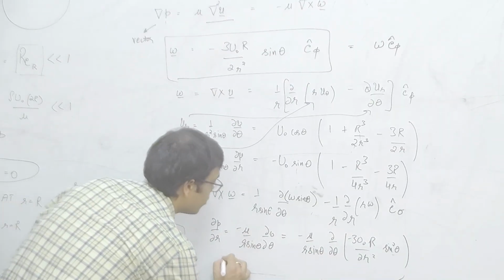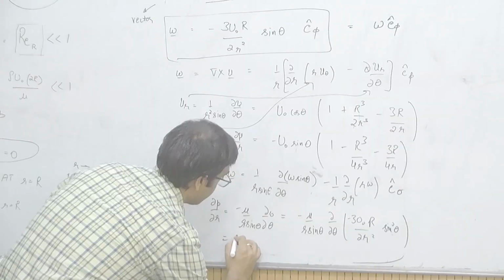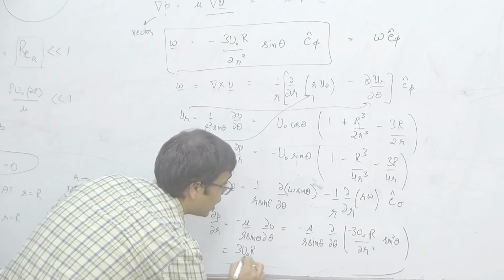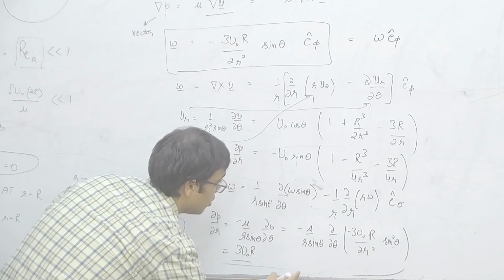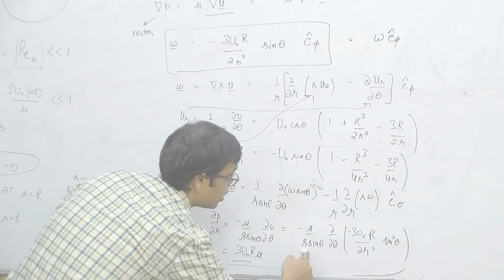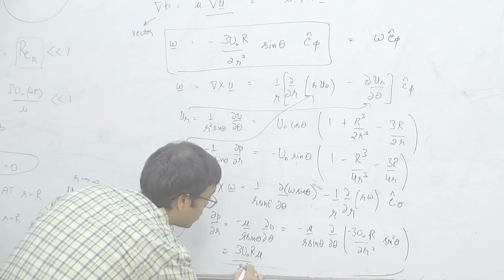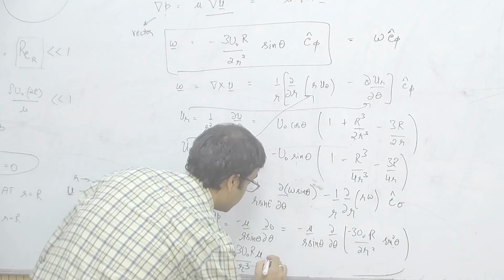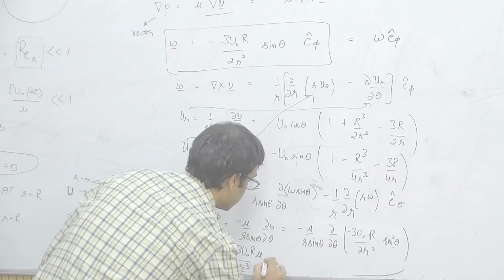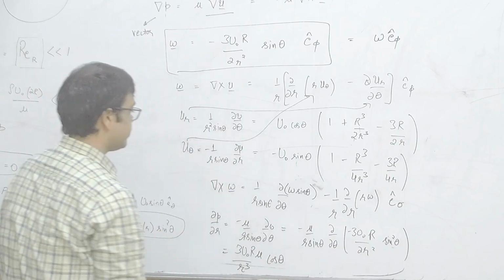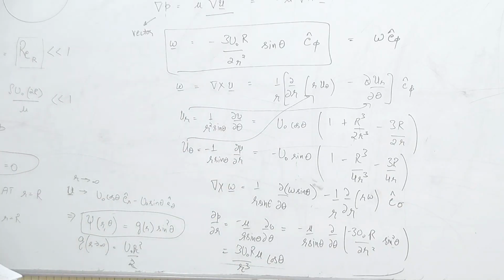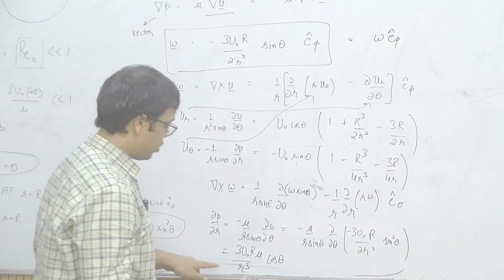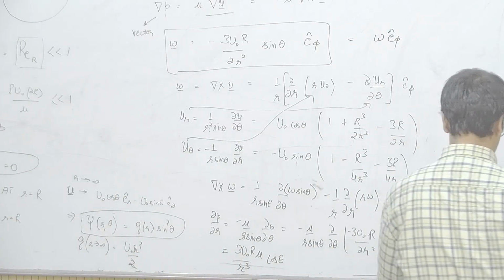So del p by del r will be what? 3 u naught capital R mu by r cube times cos theta, since sin theta cancels out. Okay, this is what we get for del p by del r.